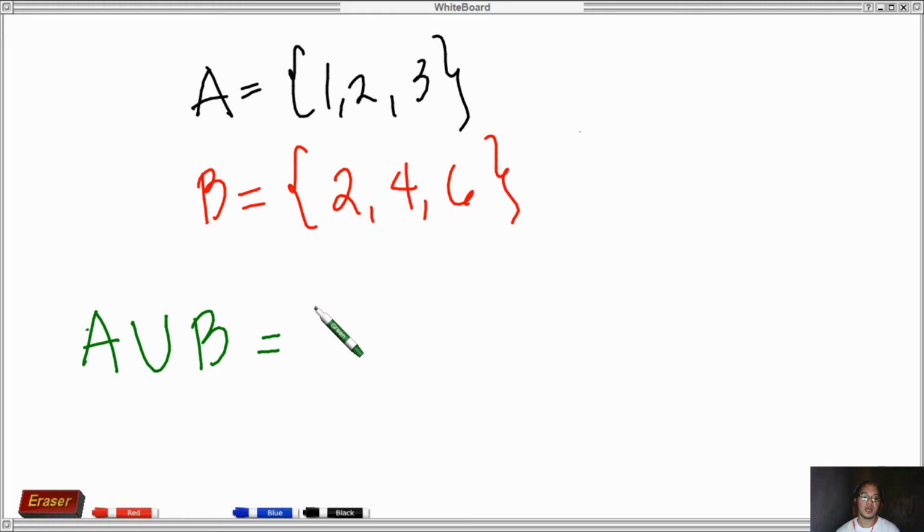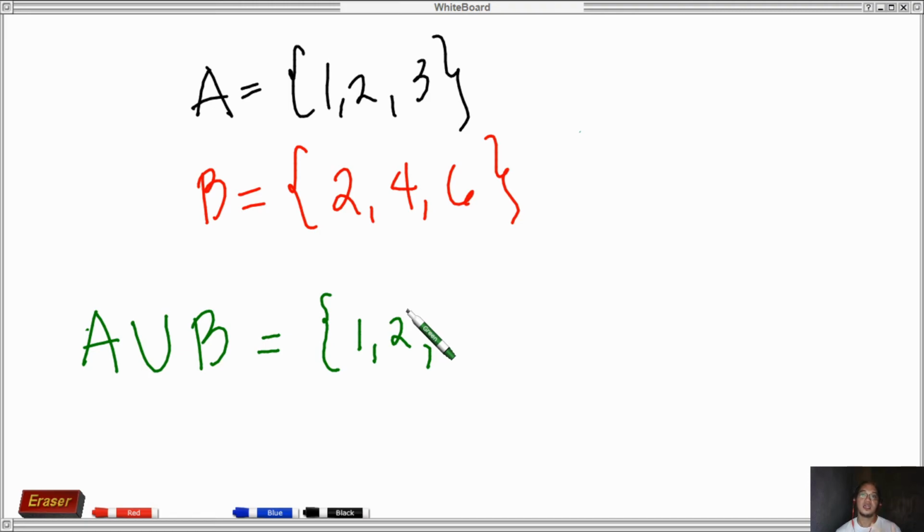Now, what are the elements of the union of A and B? The union, or the combination of all the elements of the two sets A and B, are 1, 2. Do we need to write another 2? No, we only need to write it once, because according to the definition of sets, a set has distinct elements. So you don't need to rewrite the same elements.